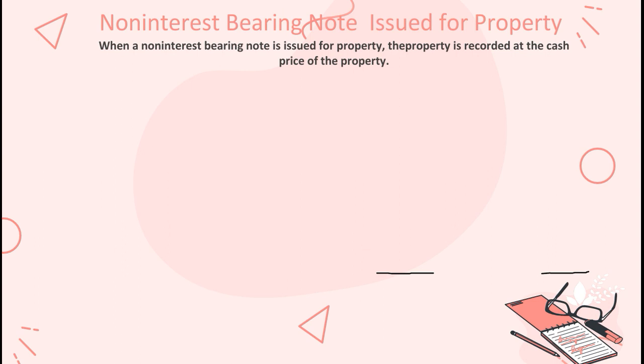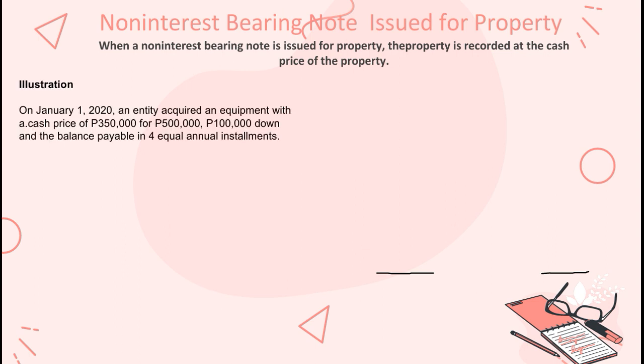Okay, so we have an illustration. On January 1, 2020, an entity acquired an equipment with cash price of 350,000 for 500,000. Okay, there is a down payment of 100,000 and the balance payable is in 4 equal annual installments. So there is an installment.